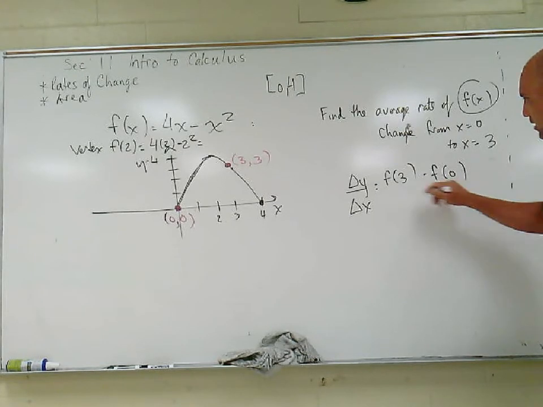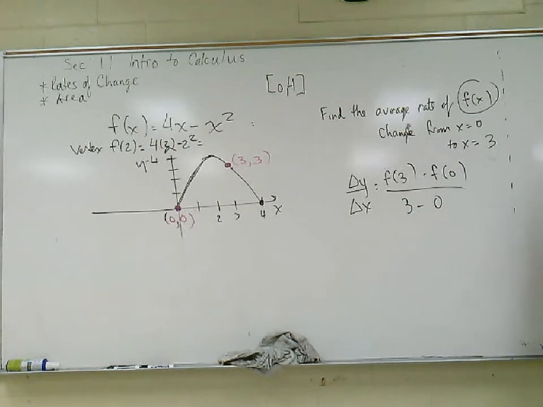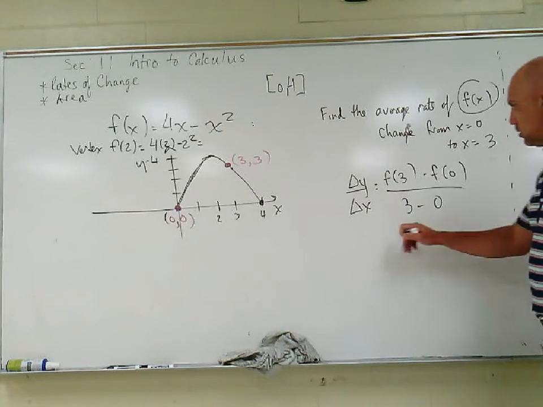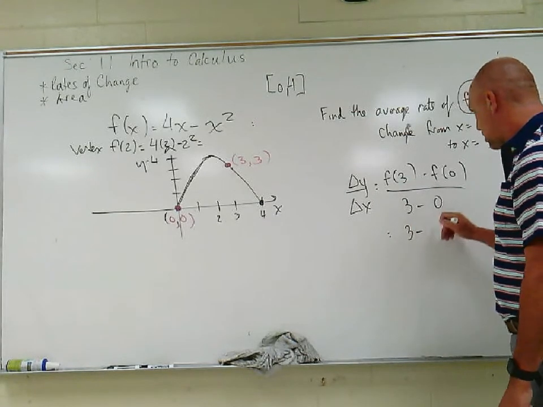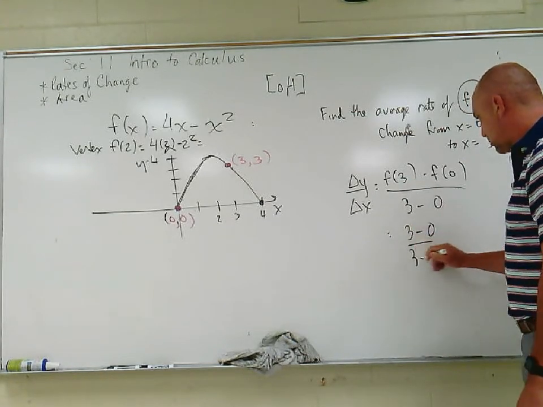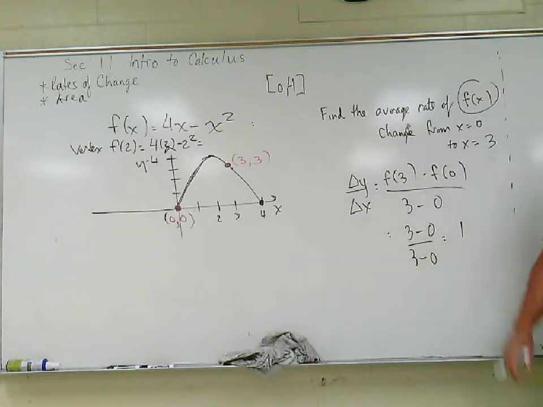That's the y when x is 0, over 3 minus 0. That's changing y over changing x. Remember function notation that we would have studied in pre-calculus or algebra. There you go. And you evaluate those. So you said f of 3 is 3, f of 0 is 0. So you got 3 minus 0 over 3 minus 0, which is 1. And that's the average rate of change, whatever the units are.